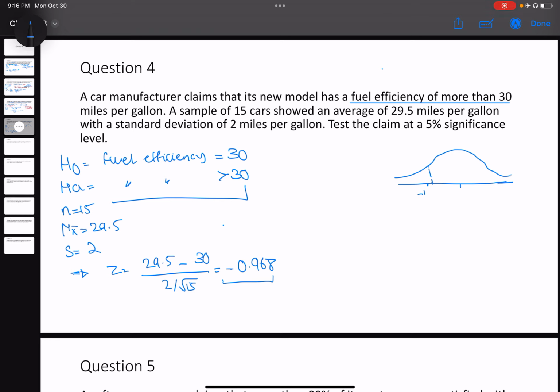We have to calculate 1 minus this probability, z equal minus 0.968.